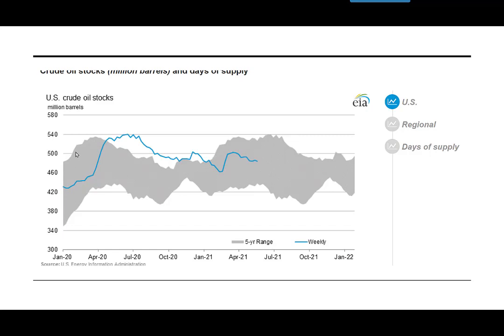The top of the band was when we had lots of oil, and the bottom of the band is when we had little oil. The light blue line shows where we are right now. Basically in the middle. So in other words, supplies are adequate, not excessive, not tight, which means prices should stay about where they are right now.